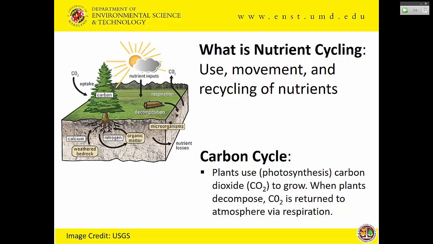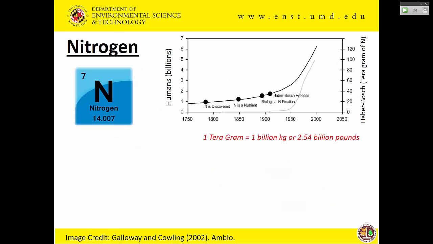Plants use carbon dioxide in the process called photosynthesis to grow, and as plants and organic materials decompose, they put carbon dioxide back into the system via respiration. So carbon dioxide goes back into the atmosphere, and in the process of plants growing, they need nutrients. That's where nutrient cycling becomes key to a productive agriculture system.